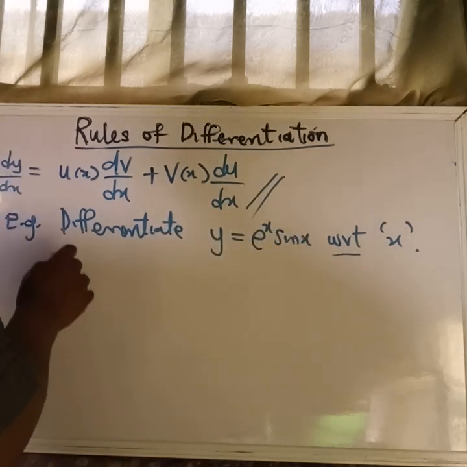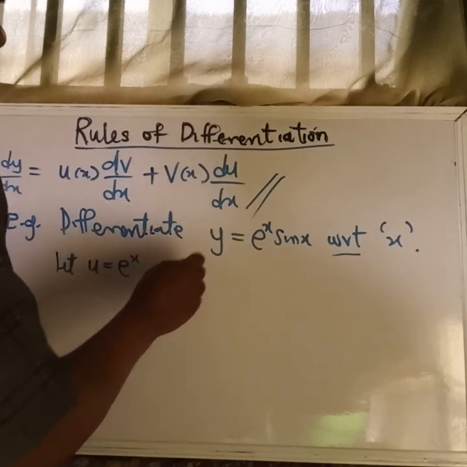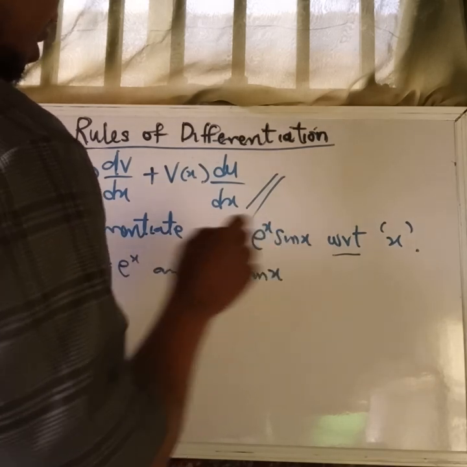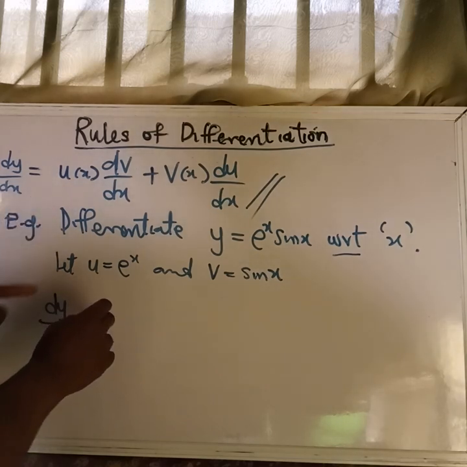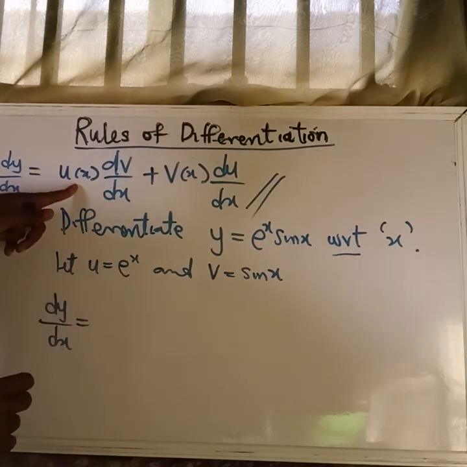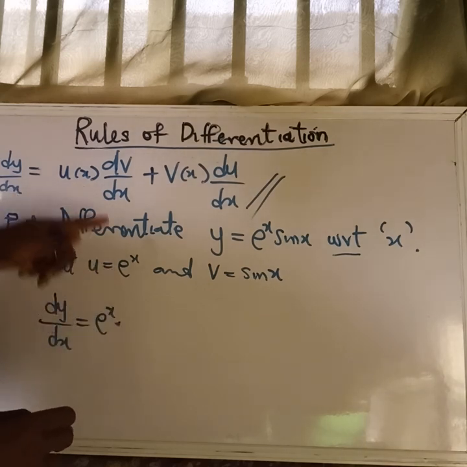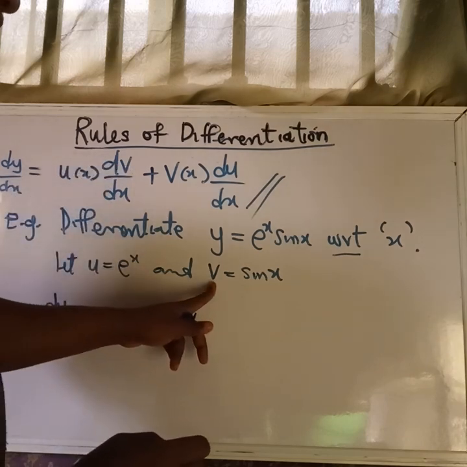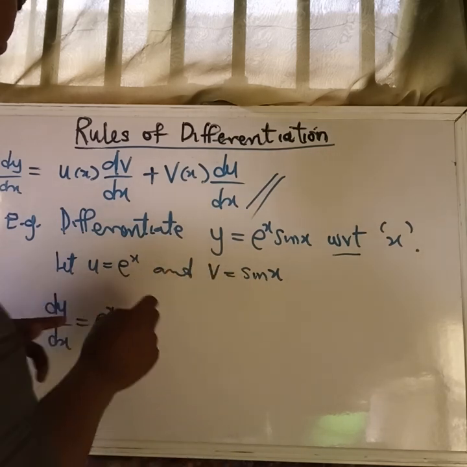We say let u equal the first function, which is e to the x, and v is the second function, which is sine x. Accordingly, if you use the formula, u will come first, then multiply u with the derivative of v with respect to x. And we see that here, if you find the derivative of v, let's write this accordingly.